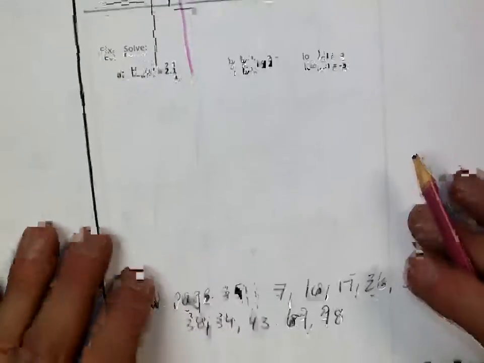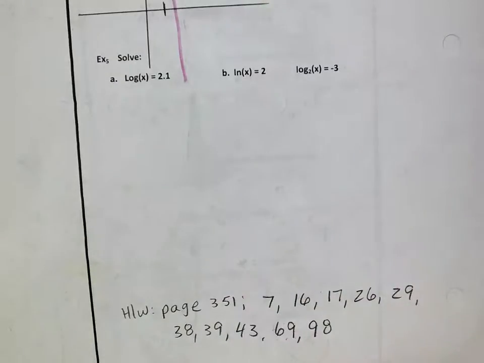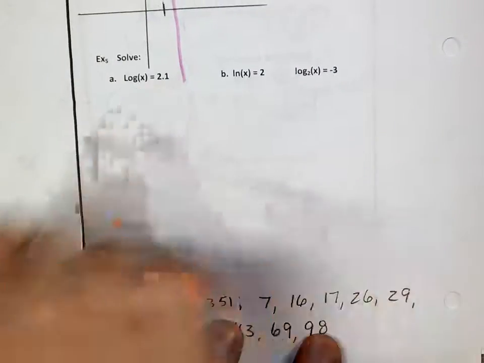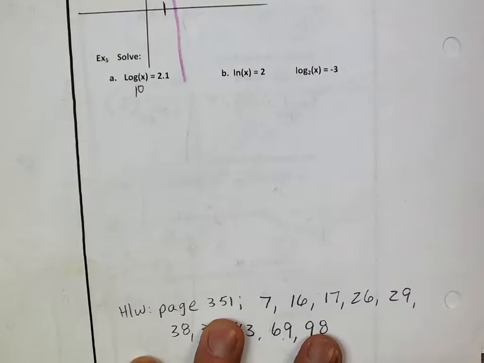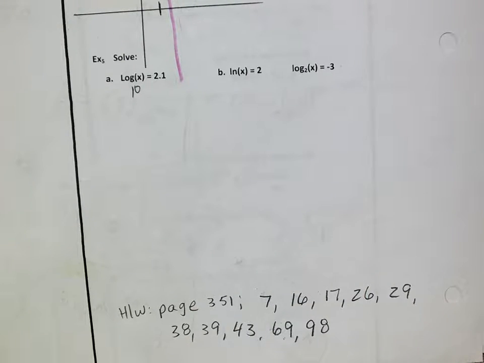All right, solve. How am I going to solve for x? Any ideas? Well, I got a log of x. Does it have a base? No, it means it's 10. Yeah. So if I put a 10 here, now what would you do to solve it? I would change from log form to exponential form.